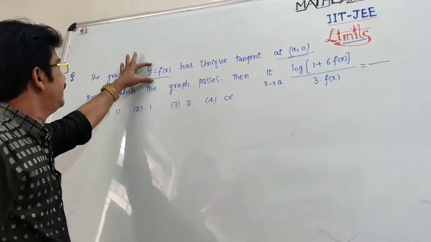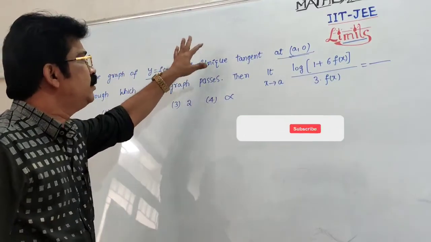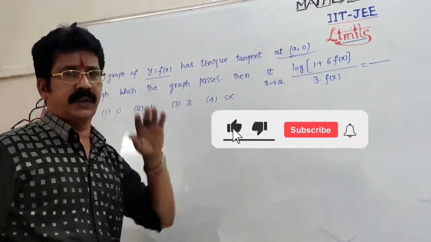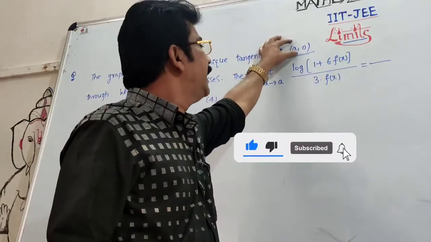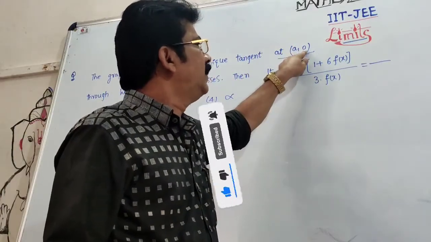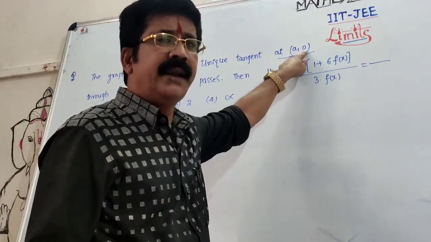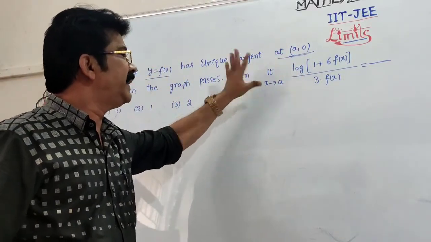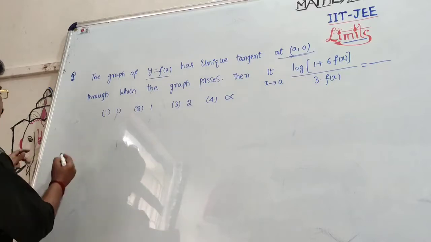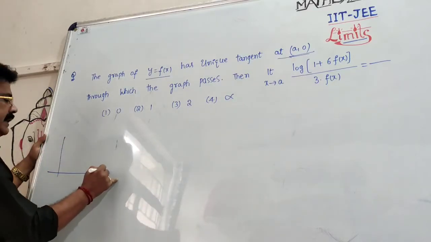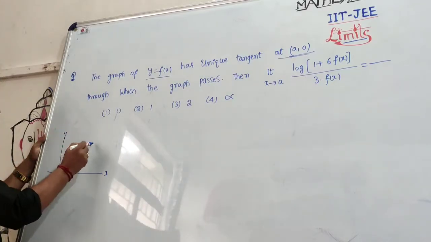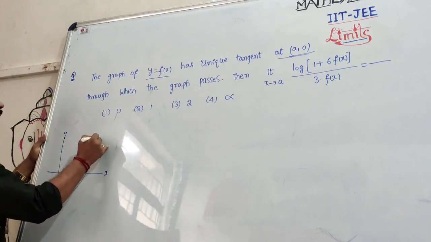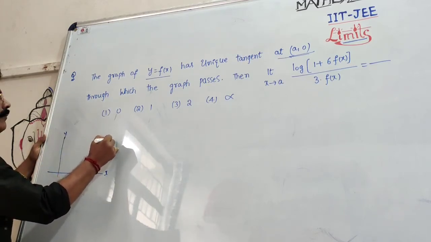The graph of y = f(x) has a unique tangent at (a, 0). Observe this point: here the y coordinate is 0, therefore it is on the x-axis. Then find this limit. Here, x-axis and y-axis. For example, this is the graph y = f(x).